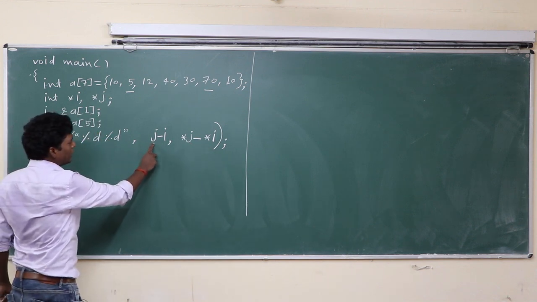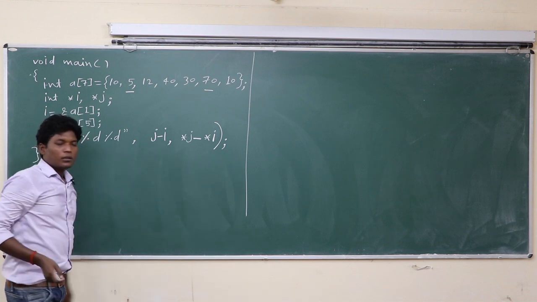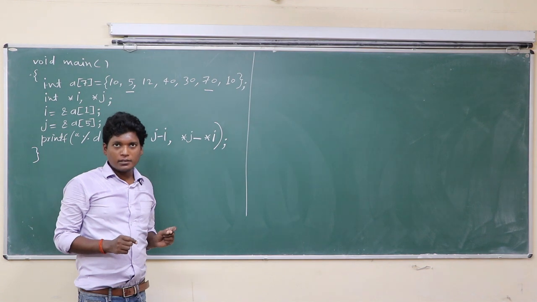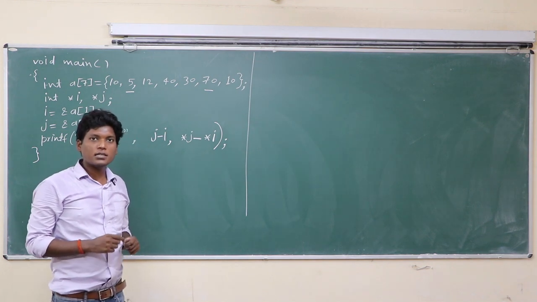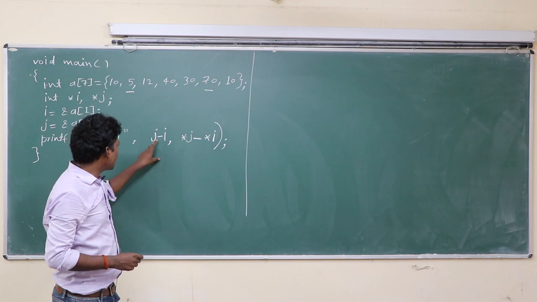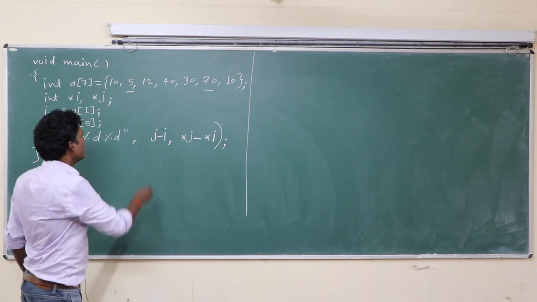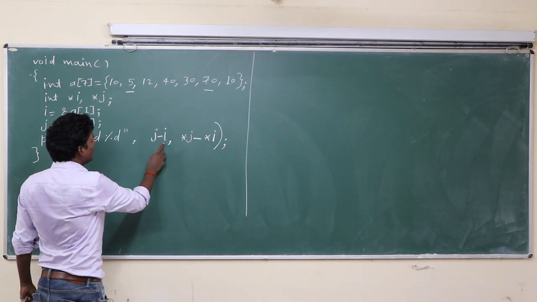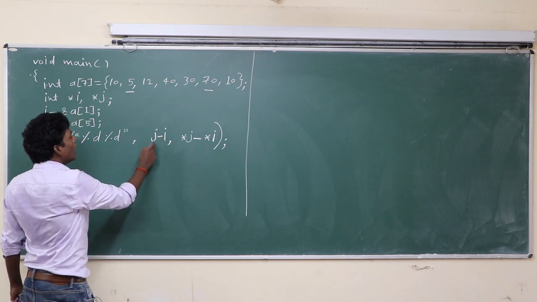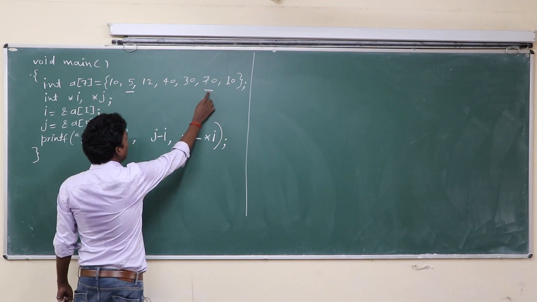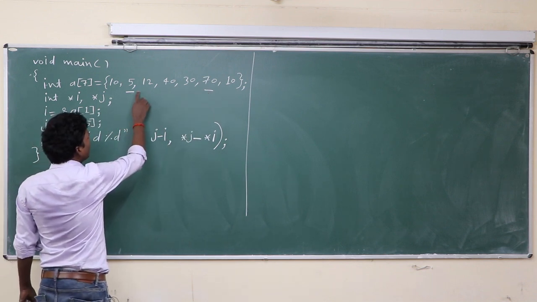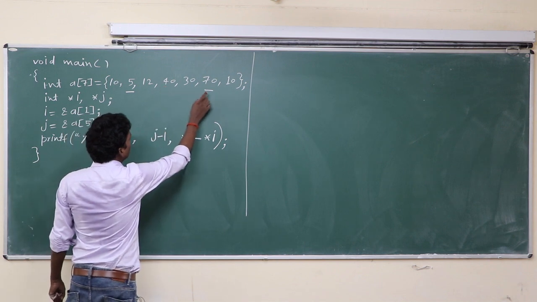Here j is a pointer, I is a pointer. Subtraction of 2 pointers is valid. Addition of 2 pointers is not valid, but subtraction of 2 pointers is valid. So here j minus I basically gives how far apart j is from I. So how many times? 1, 2, 3, 4.